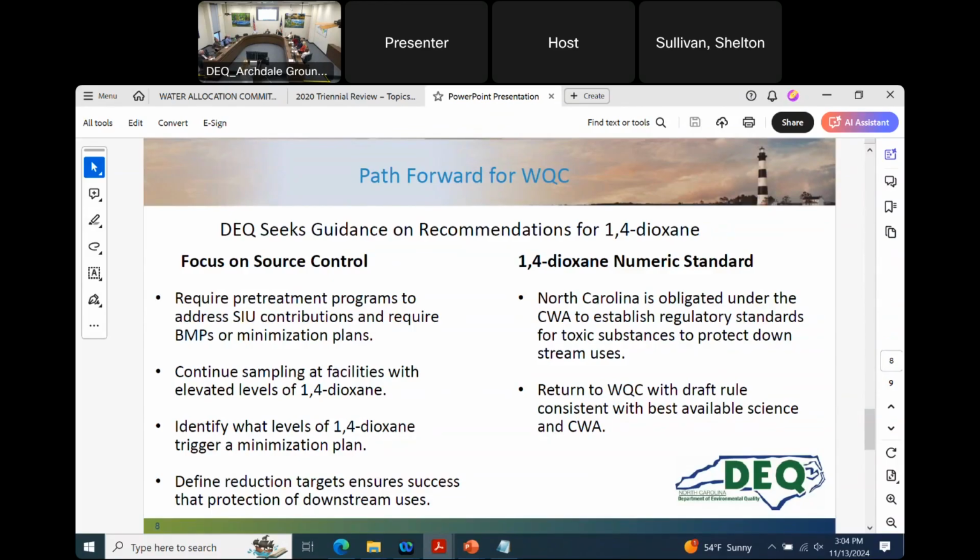That's what that last one, defining reduction targets to ensure protection of downstream users, was leading to. And that has been a source of heartache for a lot of those who are having to deal with that and the economic piece and what it's going to cost and what is in compliance and what's not. So those are the numbers that I think we're trying to get to as well.